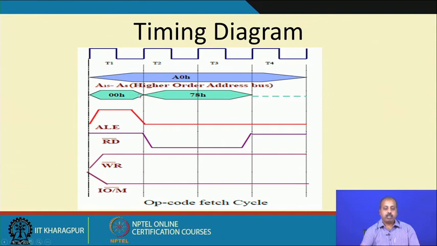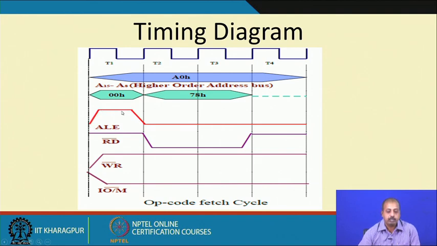Then the lower order address bus: at this junction, the transition of this clock from high to low, by that time the lower order address bus will contain the correct value. So, A0 is there in the higher order address bus and 00 is there in the lower order address bus, and the processor also generates the ALE signal.